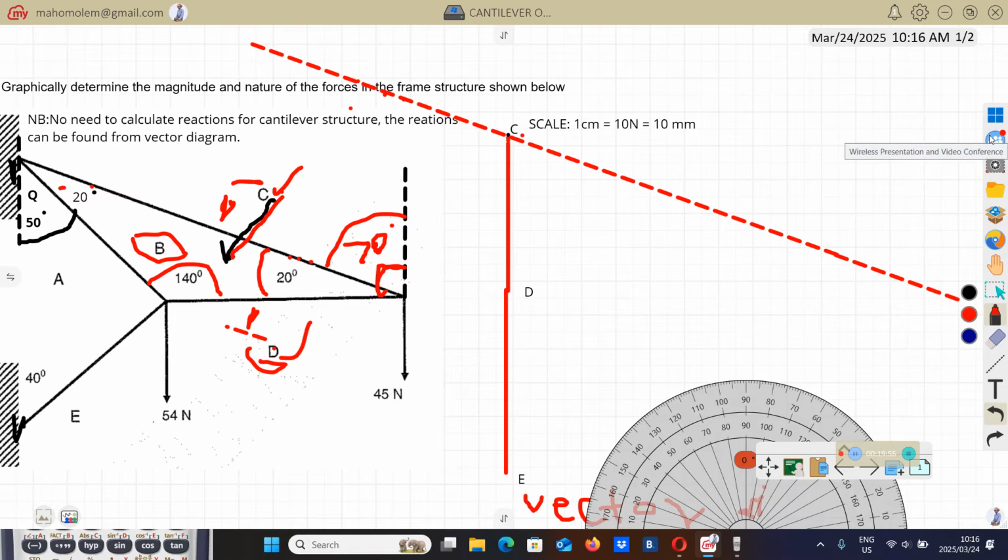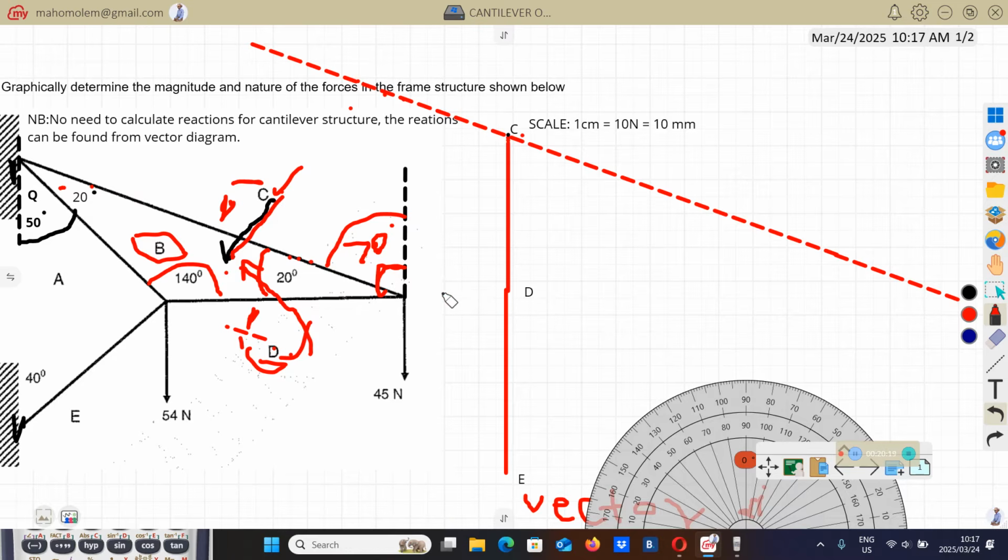Then after that, you come this side from D to B, or between D and B, there is a horizontal line. So from D to B, we don't know the location of B, but what we know is that from D to B, we are going to have a straight line.